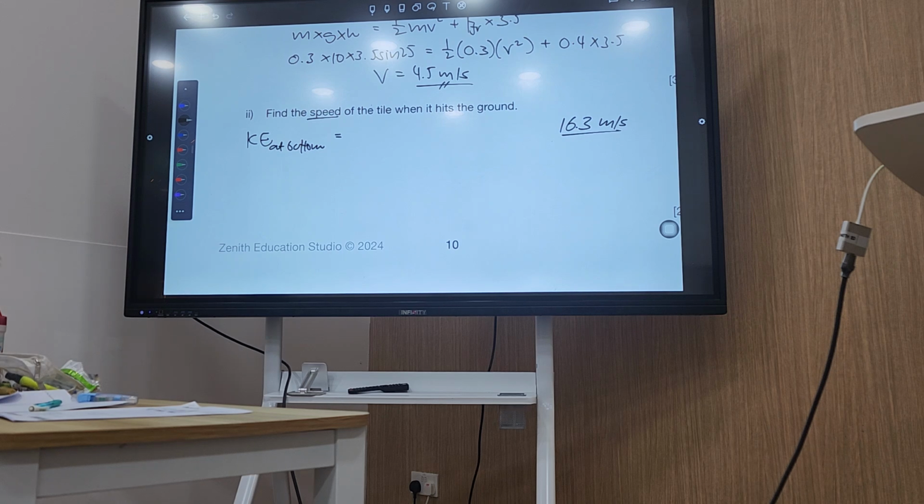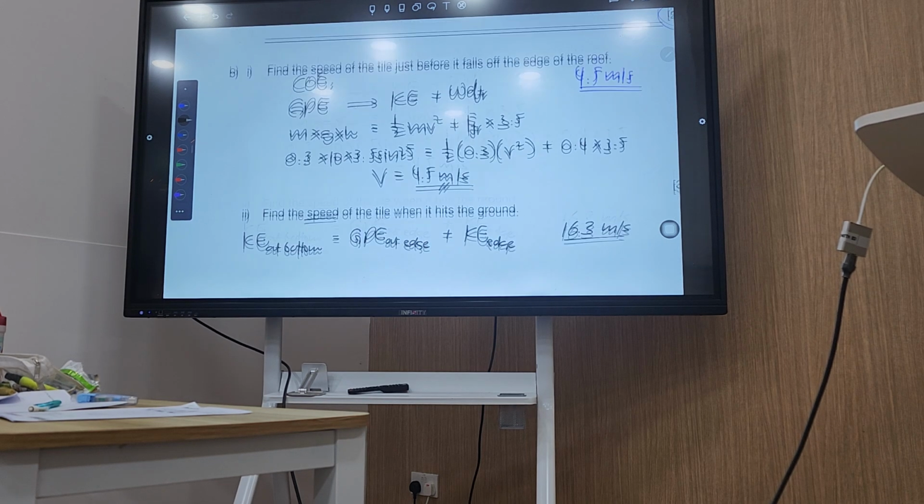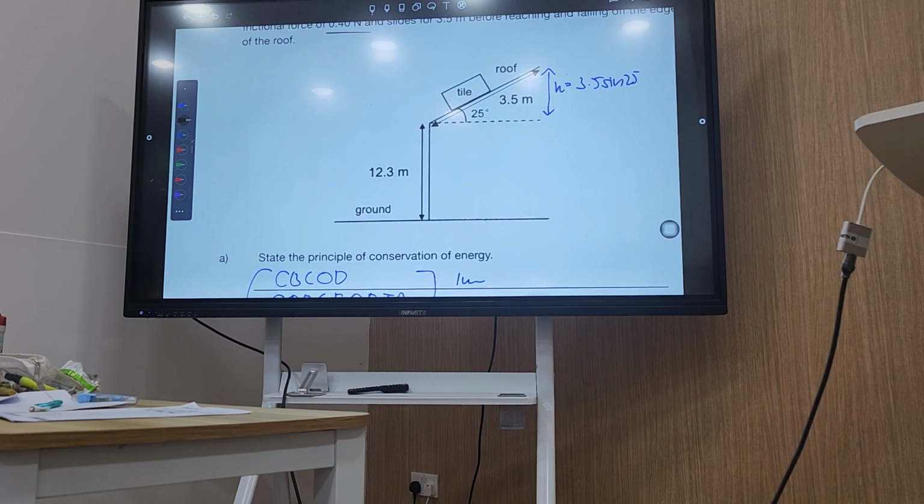It will consist of your GPE at the edge of the roof, and you will also account for the KE that you have at the edge of the roof. Now there's no friction anymore, no feather falling through the air. So this is just going to drop like this. What's the velocity here? So you have this additional mgh to account for.